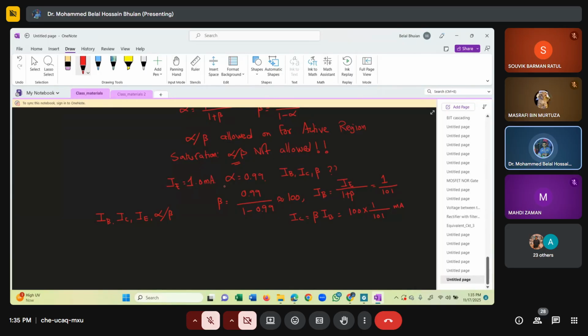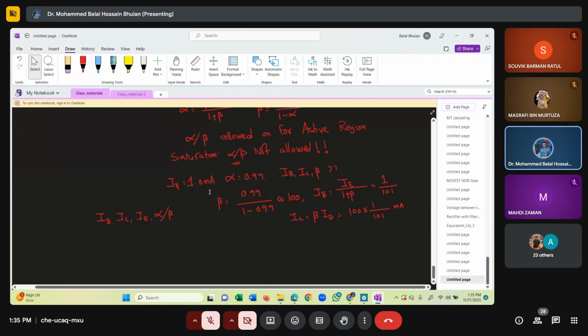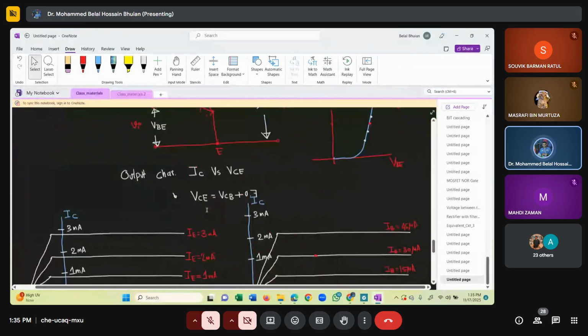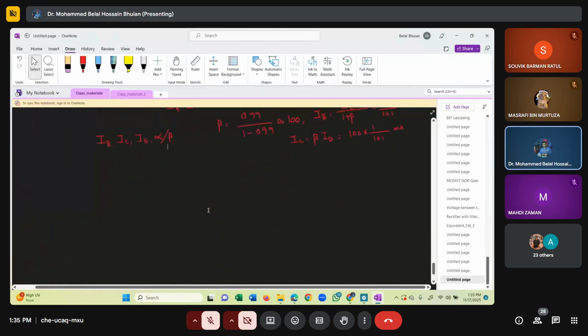For example, if you know IB and IC, you can determine beta. If you know IC and IE, you can determine alpha, and then you can determine all the other current components. Or if you know IC and alpha, you can determine the other parameters. Okay? Again, keep that in mind. You are not allowed to use alpha and beta if the BJT is operating in saturation region.